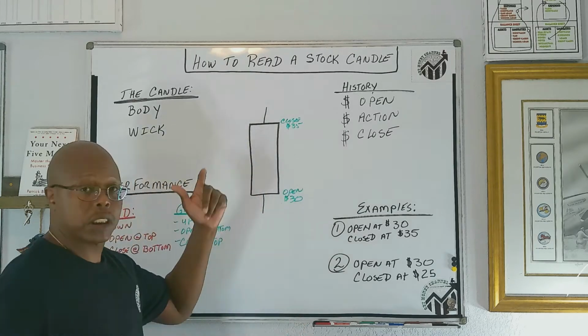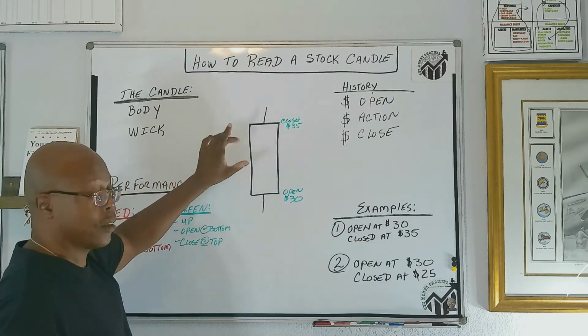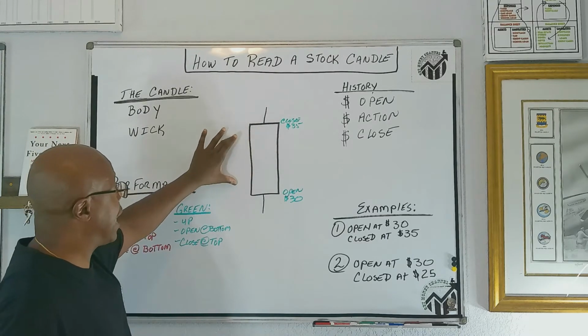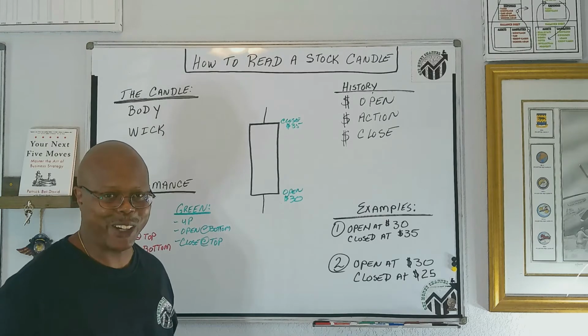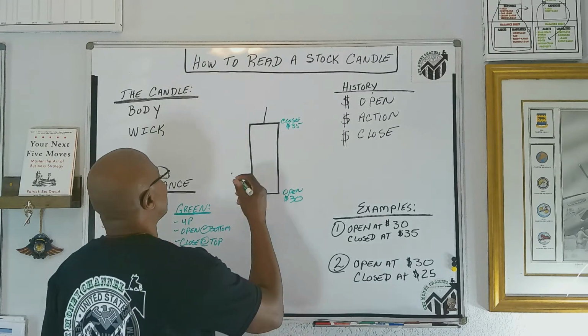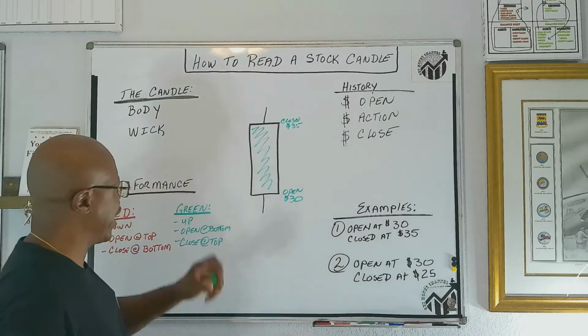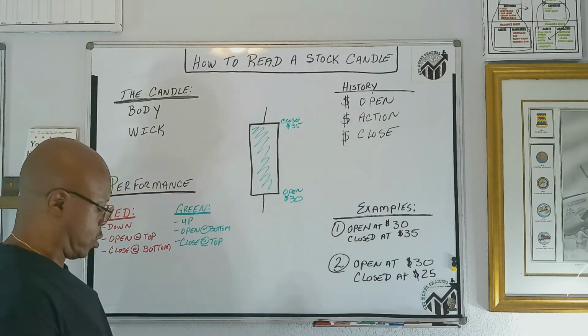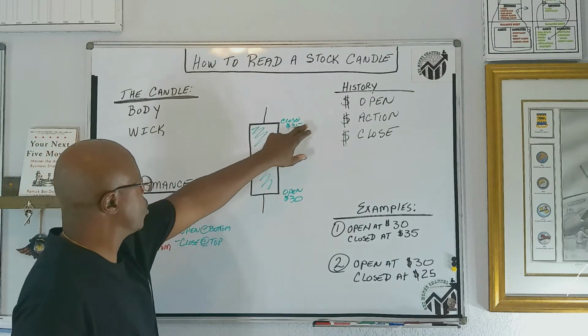All right, so that was a good day for this stock. So what color would the body of this candlestick be? You guys already know, I already gave it away. It will be green. So that's it. This candlestick for that day, it opened at 30, closed at 35.